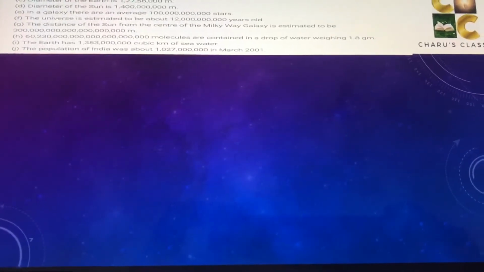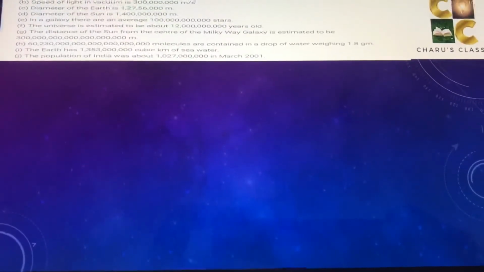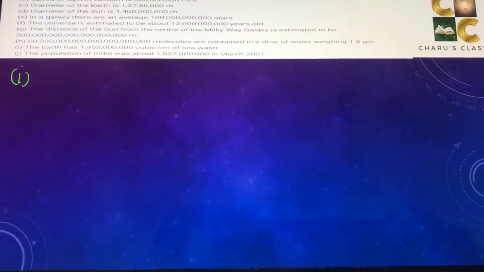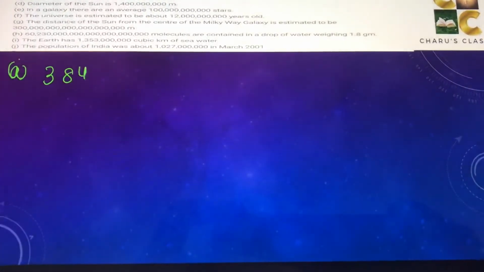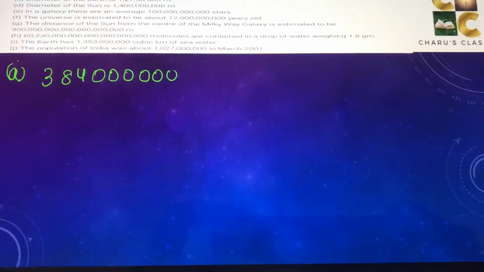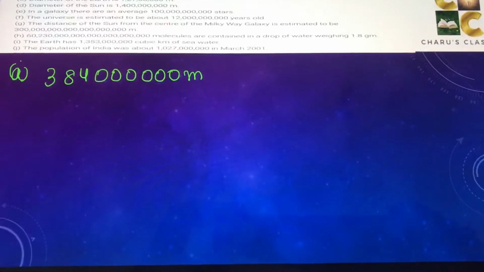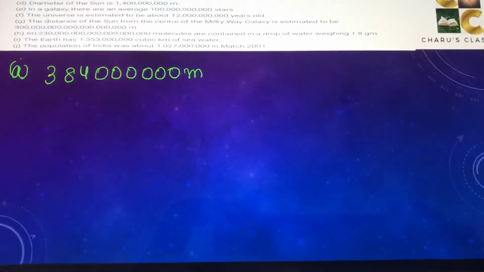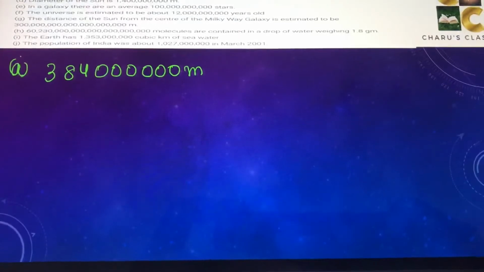Question number 4. Express the number appearing in the following statements in the standard form. So the first number is 384 followed by 6 zeros. This much meter is the distance between the earth and moon. We have to express it in standard form.